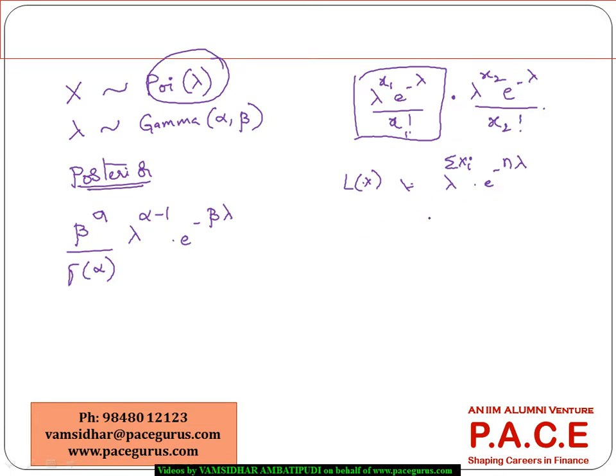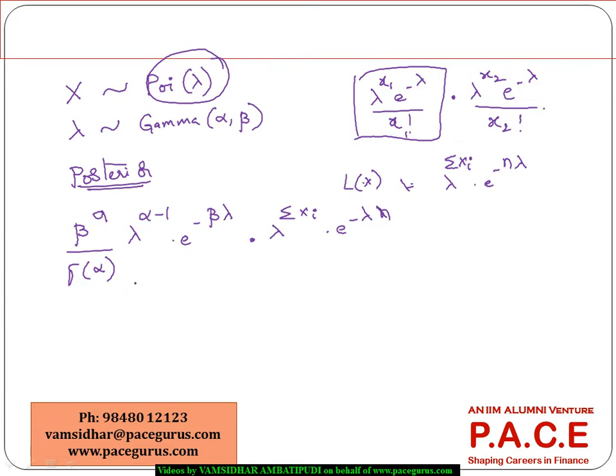Because here my intention is primarily looking at the estimation of the parameter, which is lambda, so the x factorials I really need not take into consideration. So if I'm multiplying this with this, it becomes lambda to the power of sigma xi, e to the power of minus n lambda.